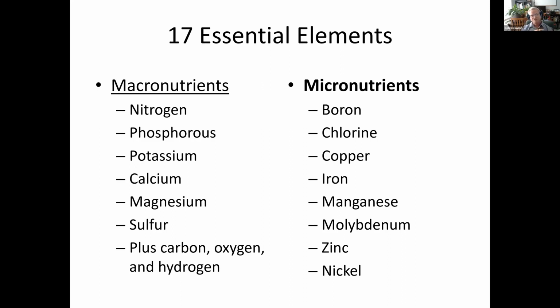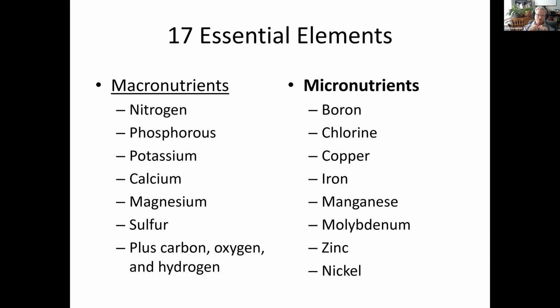And then, of course, we need the stuff in the atmosphere, the carbon, the oxygen, and the hydrogen. These are needed in relatively large amounts. The micronutrients out there, boron, chlorine, copper, iron, manganese, molybdenum, zinc, and nickel, are required in relatively small amounts.